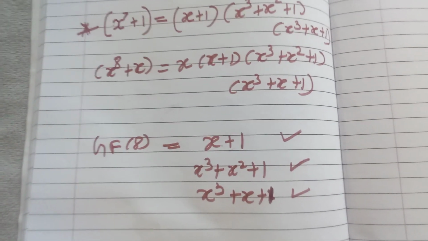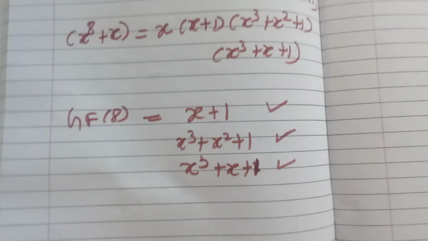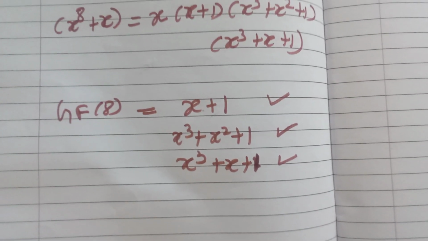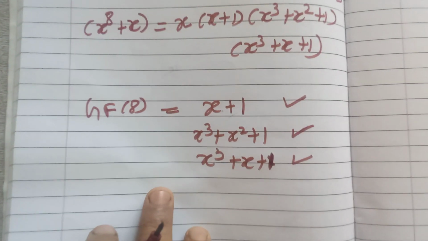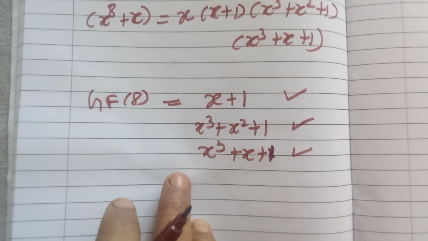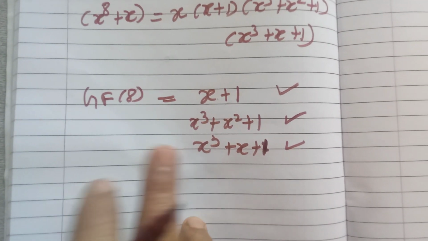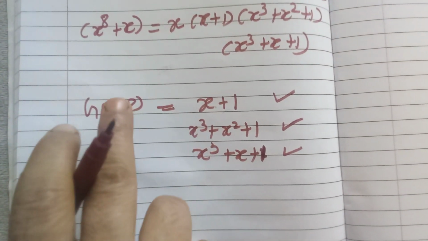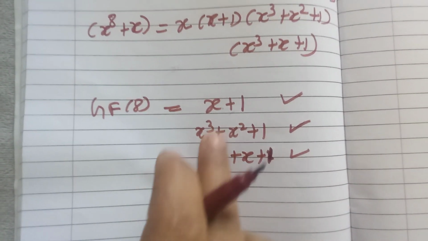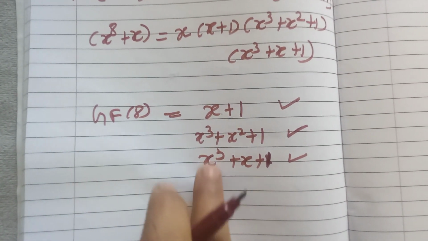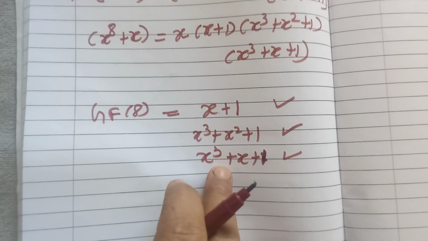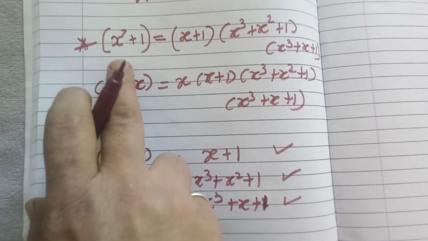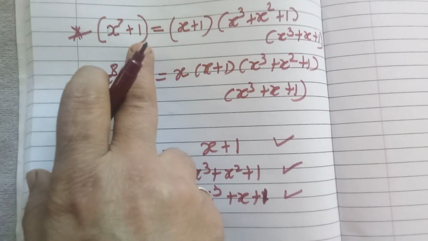Okay, so what are the similarities and what are the differences between minimal polynomial and the primitive polynomial? So one thing is that the minimal polynomials are factors of x raised to 7 plus 1.